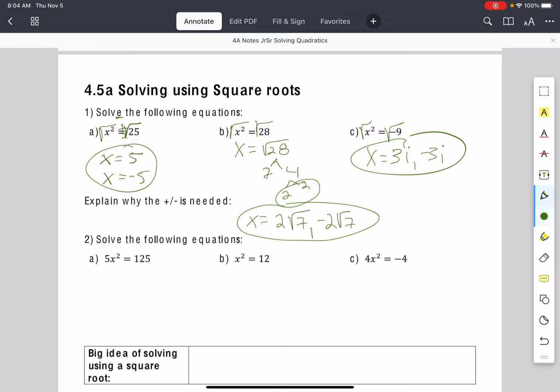Well, the negative is under the square root when it's an imaginary number. So wait, why is it negative 3i if you're already making it from Well, but the two negatives are a different thing. Because this negative 3, when it's squared, will be 9. And then i squared, remember, is negative 1. So this negative 3i squared is going to be negative 9. Okay? So why is the plus or minus needed?